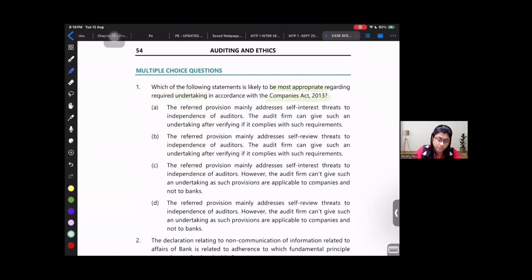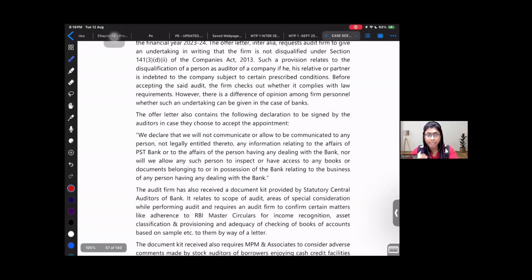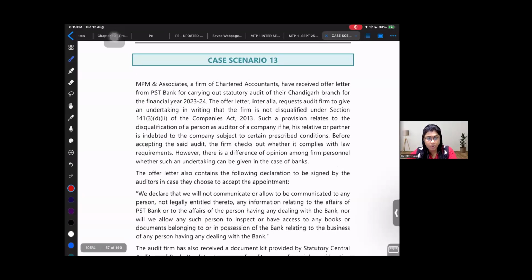But as you guys know, right now we don't have much of Companies Act to study, just section 143, duties of auditor. Can we go back and read where the Companies Act is in the case study? First para. See, question 1.